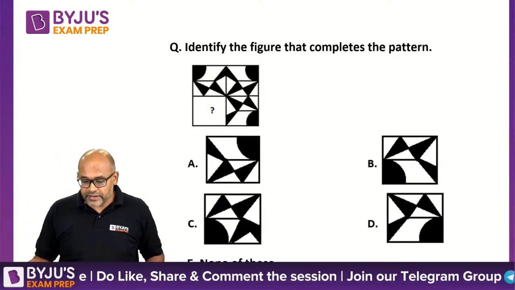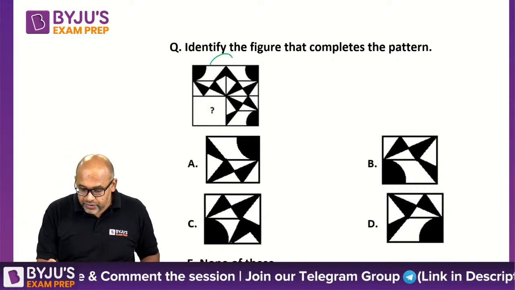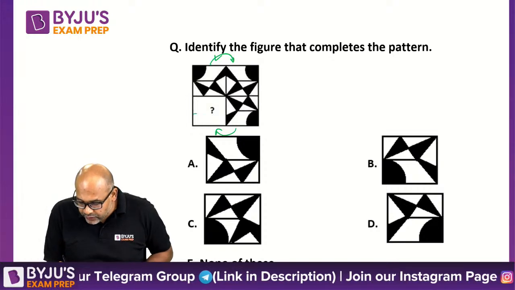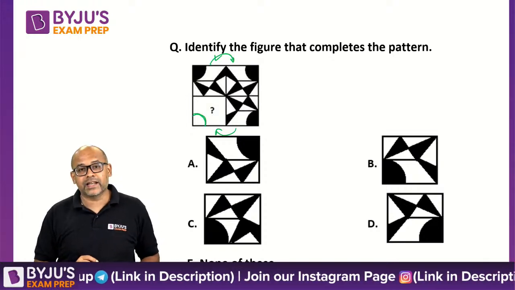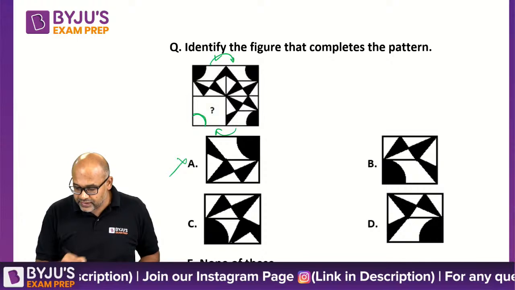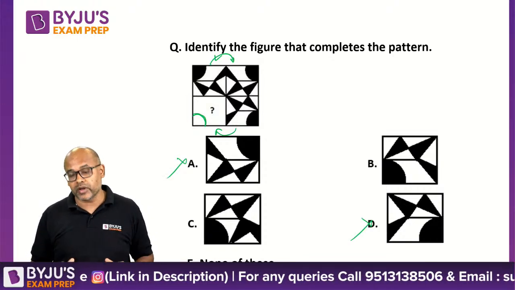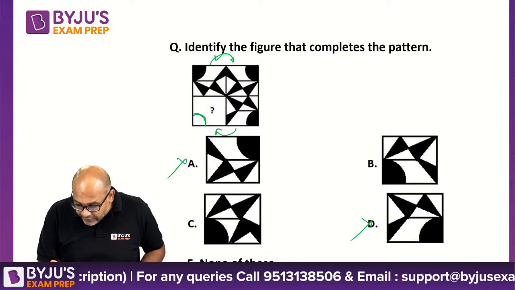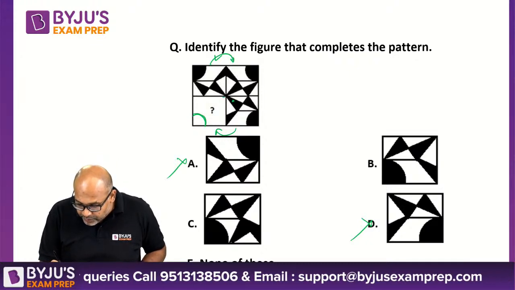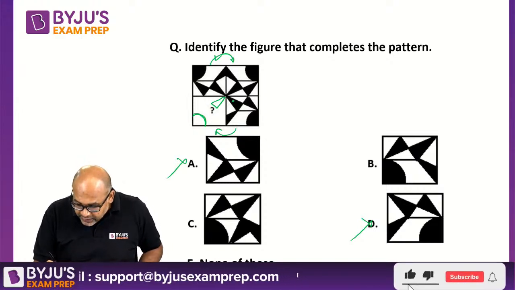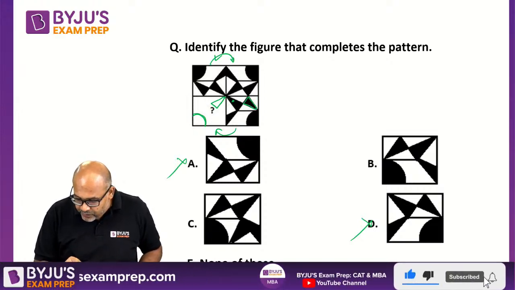Okay, so here once again if you understand the pattern, these two are mirror images, so I need a mirror image over here. If I'm looking at a mirror image, firstly I should have a circle on the right side corner, which means D is gone. It could be between B or C, or both of them can be wrong. Then this one should give me a triangle in this fashion, and this should become somewhat like this.